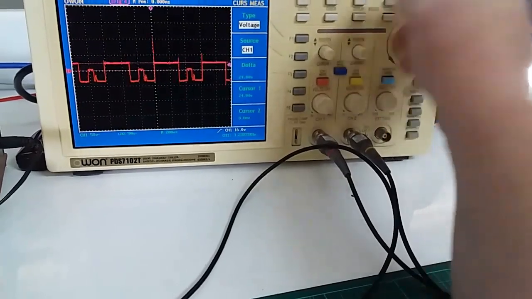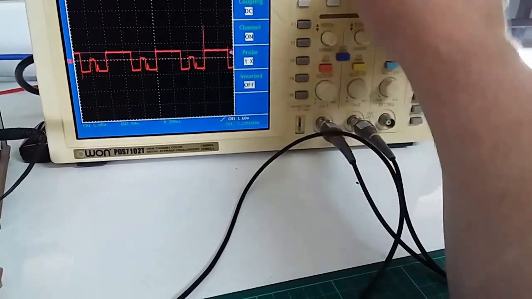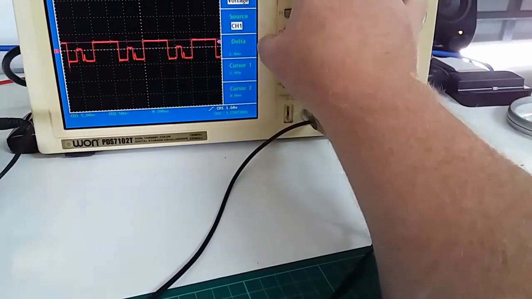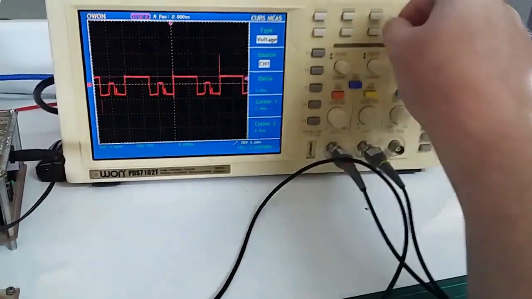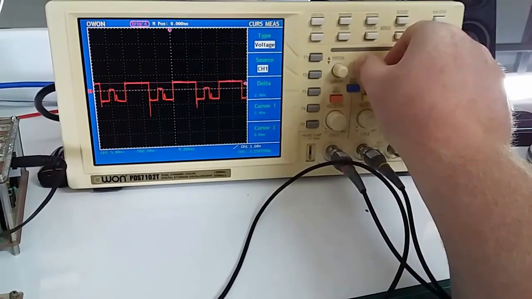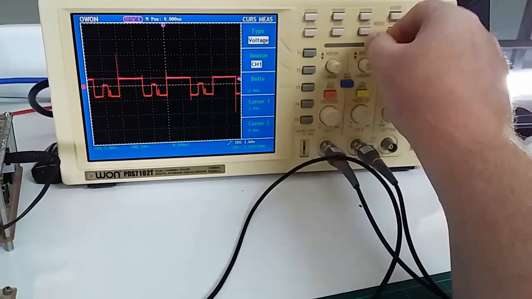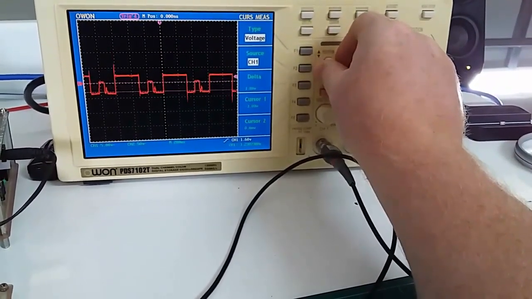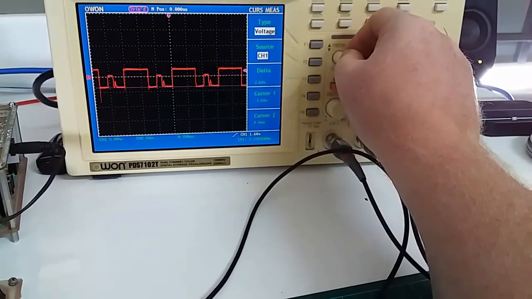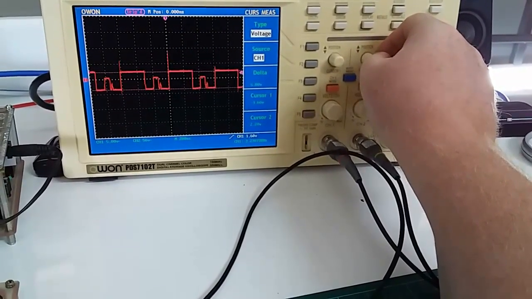If we take our probe to 1 times instead of 10 times, because we were doing current, back to cursor, from approximately 0 there, according to this we have 2.4 volts above the 0 line. If we move that down, we have 3.6 volts. So there's a little bit of DC offset in this setup. We have a maximum of 5.8 volts.